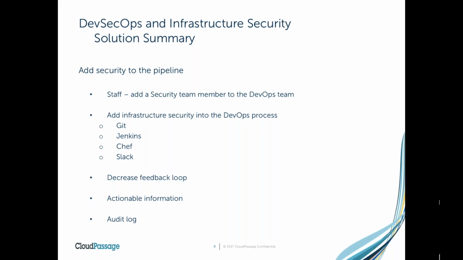What we talked about was adding a security team member to the DevOps team, so get everybody working together, and then add security into the process. For example, somebody checks in some code into Git, and let's say there's a hook into Jenkins, and we check our infrastructure at that point. We make sure that there are no software vulnerabilities and no configuration issues based on CIS benchmarks.